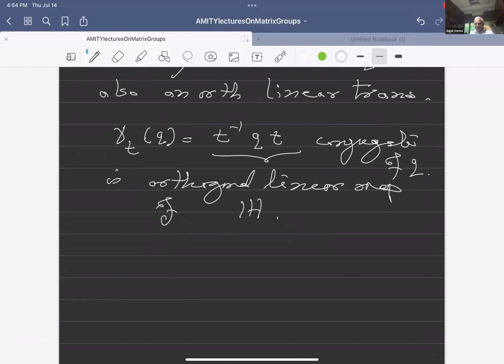Conjugation action by a unit quaternion is an orthogonal linear transformation.